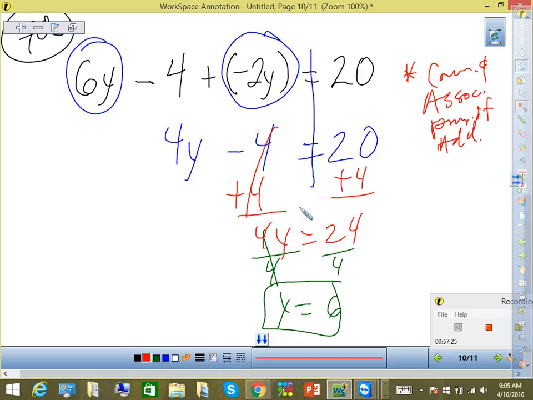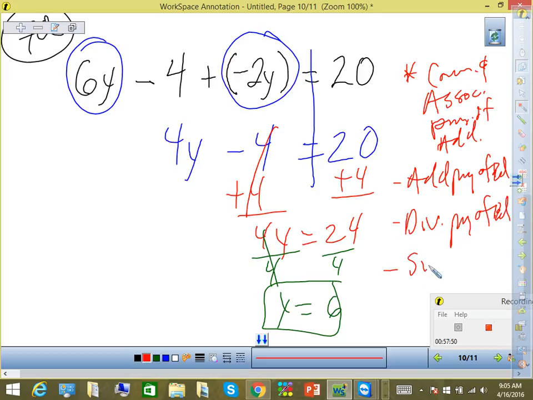No, finish it off. What's next? Addition property of equality. Division property of equality. And simplify. Hands, have you got that?